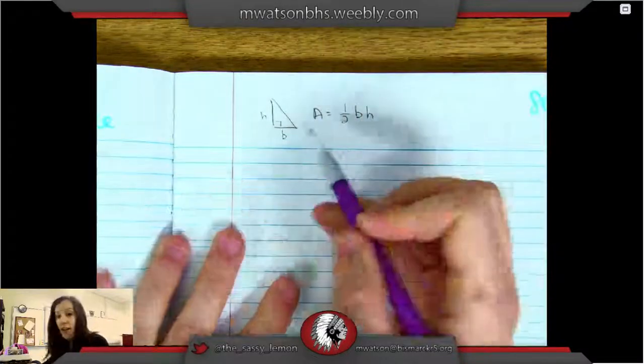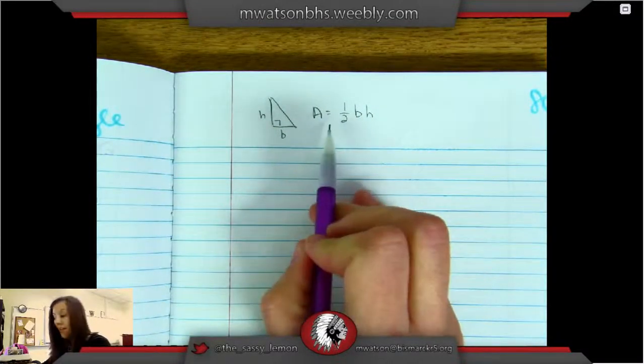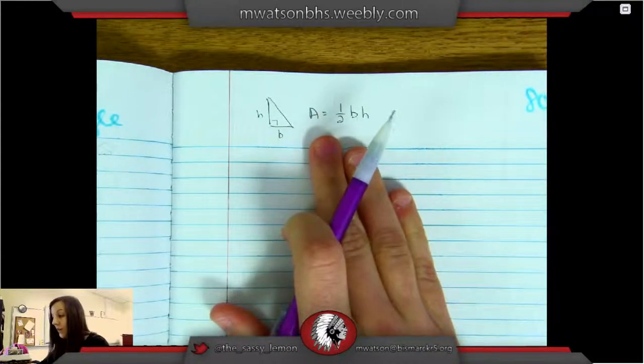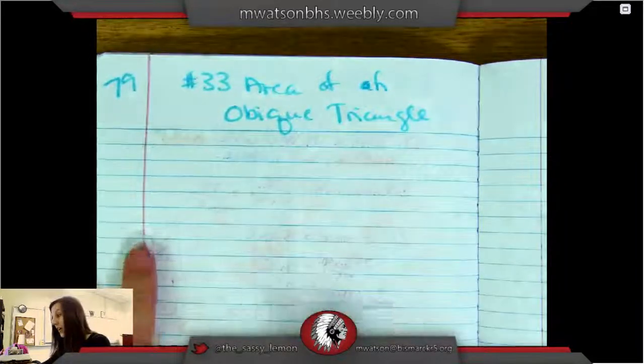So if you're looking at a triangle and you see the base and the height, then you can find the area. We're going to use that to help us with our formula for the area of an oblique triangle.